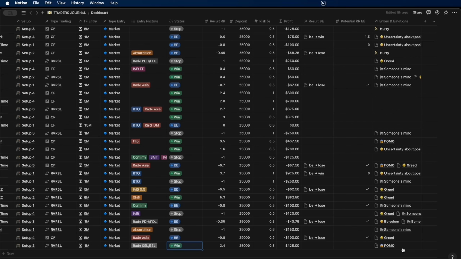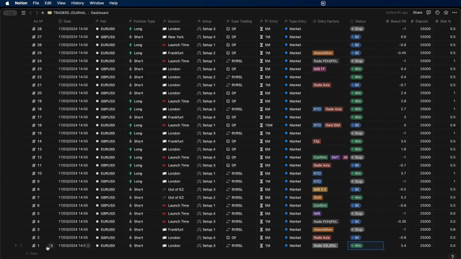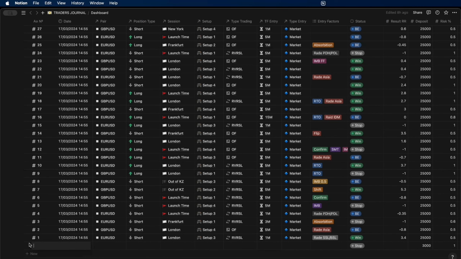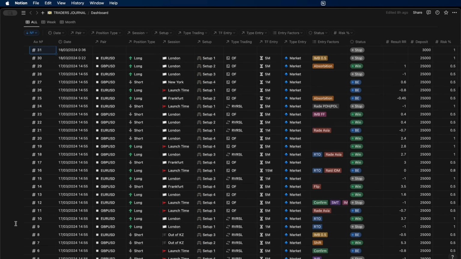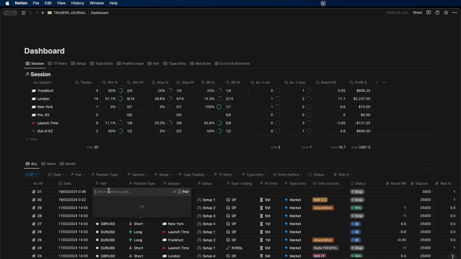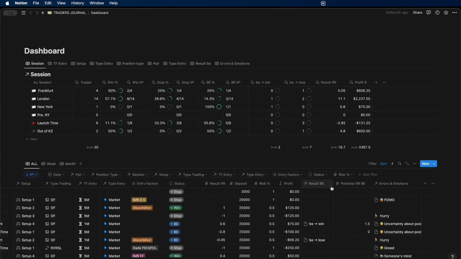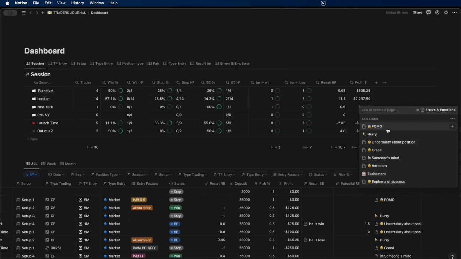There's also an emotion column, for what I feel when a new trade starts. When I start a new trade, I write, for example, the date 31, and first I enter a pair, for example, euro-dollar, and immediately I go to either emotion or error. For example, I have the emotion FOMO, and I notice by my emotional state that I, for example, missed some deal.